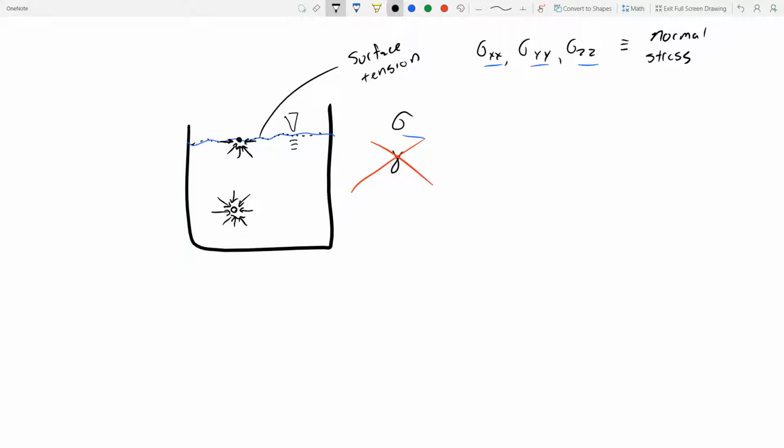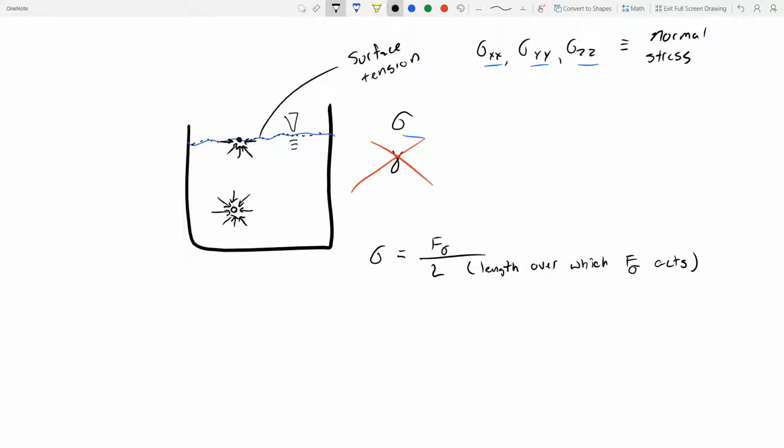We are talking about surface tension. And we say that sigma is equal to the surface tension force divided by some length, which is actually the length over which F sigma acts. We'll call this F sigma.